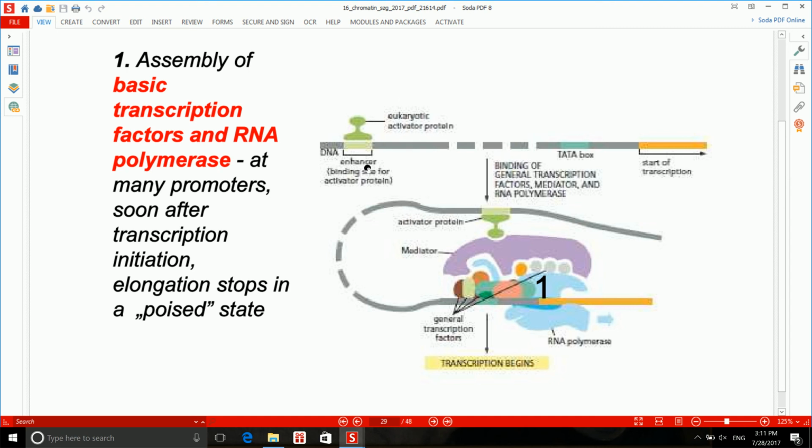But there is one condition that they need to have: these enhancers or silencers need to be on the same chromosome as the genes that they want to regulate.